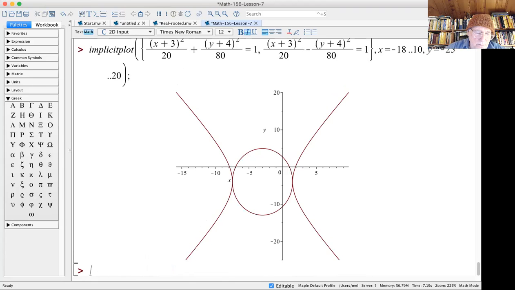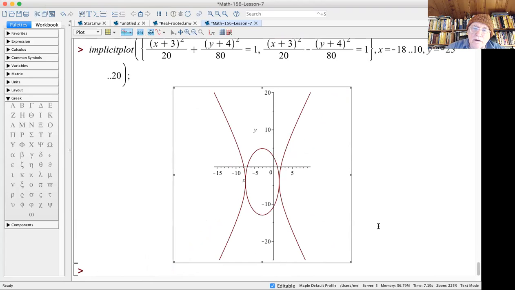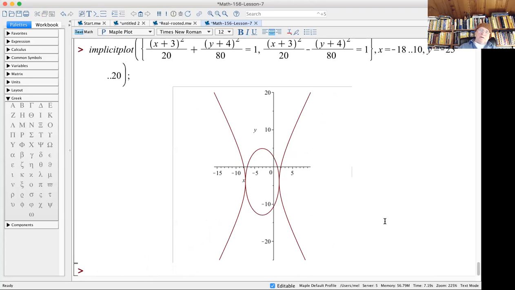Let me do it to scale. There we are. That's what it looks like. So this egg-shaped curve, that's the ellipse, and here is the hyperbola.